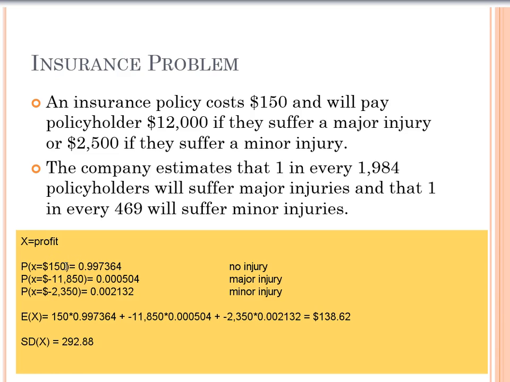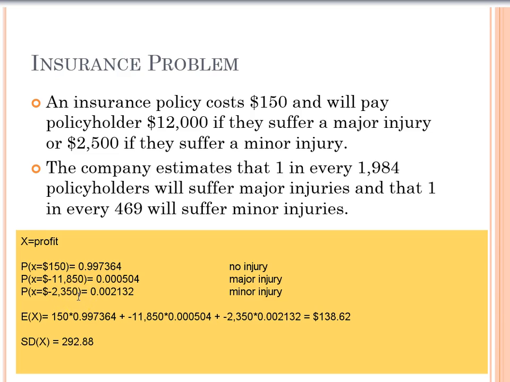They don't have to pay them anything. If the policyholder has a major injury, they lose $12,000 and they were going to make $150, so we subtract 12,000 from 150 and we're left with a negative profit, negative 11,850.